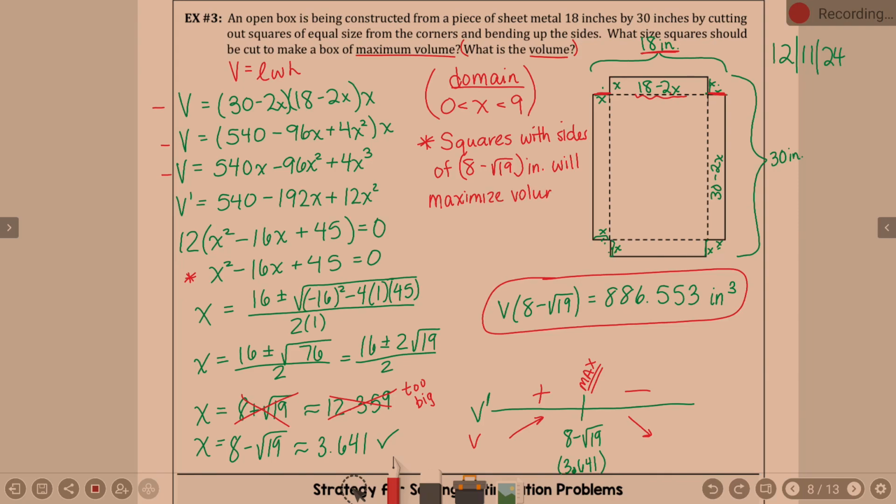And my justification there is that the derivative changes from positive to negative, since v prime changes from positive to negative. Okay, so there's my other official answer.